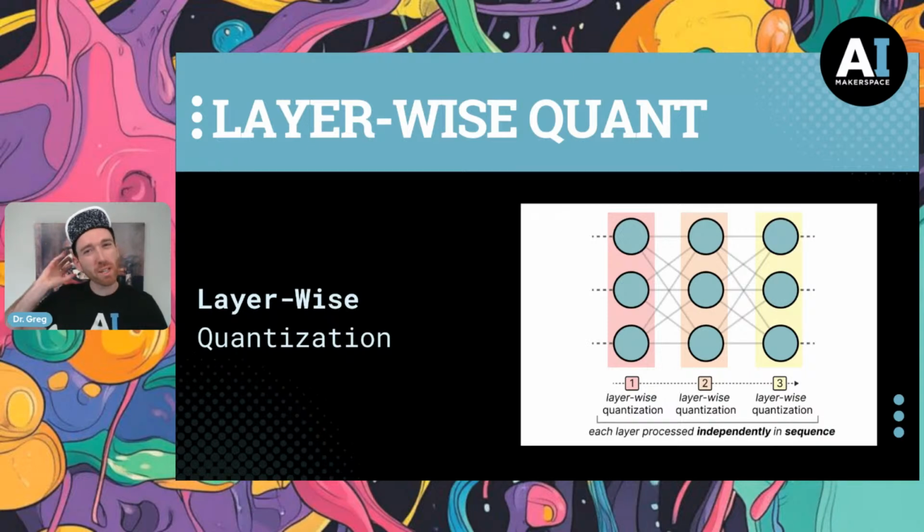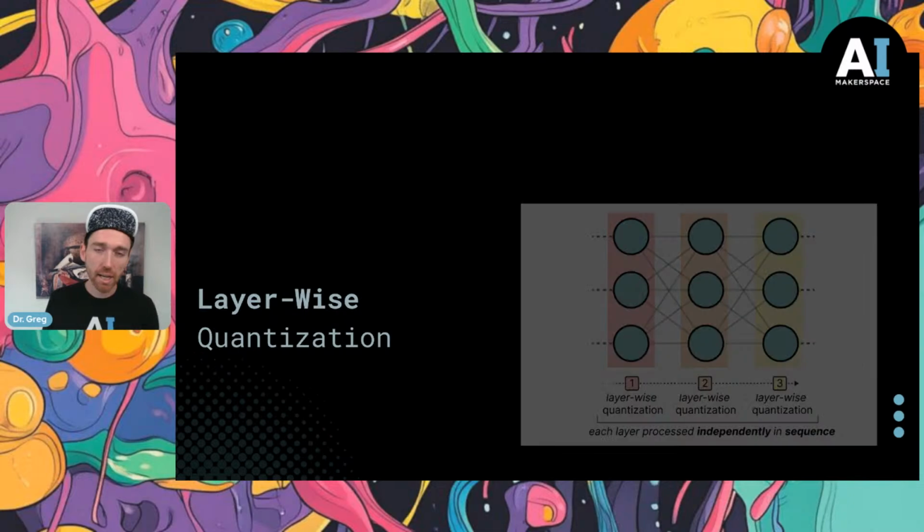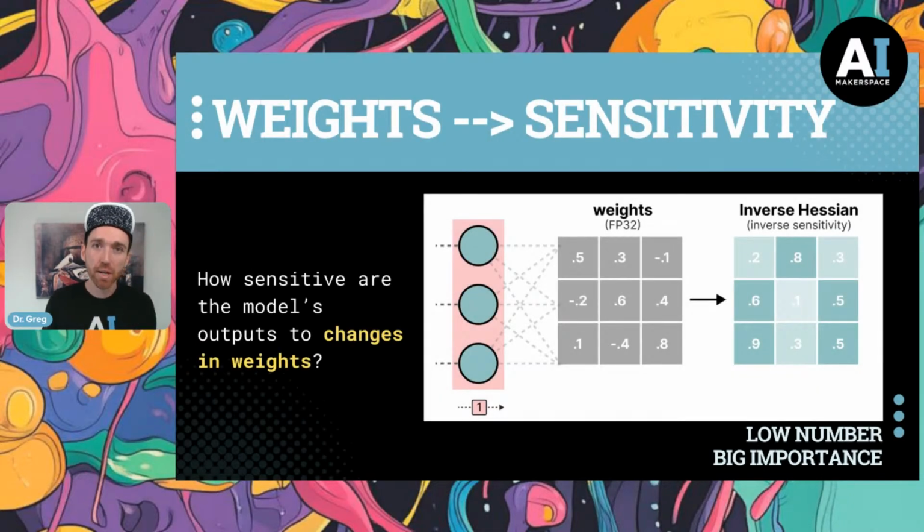You could start to intuit why we would want to do it layer-wise. Well, when we're in a layer, stuff within a layer has some sort of intrinsic connection already. They're related, and it's this relatedness that we're capitalizing on to ultimately reduce quantization error, right?